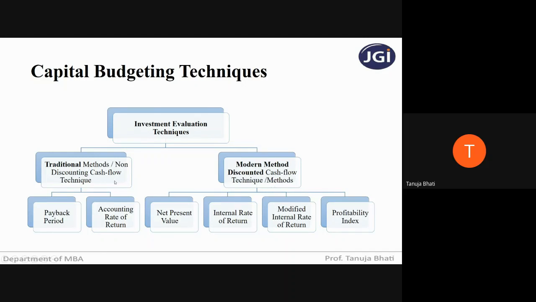Under the traditional method, you have the payback period and the accounting rate of return. In the modern method, you have net present value, internal rate of return, modified internal rate of return, and profitability index. All these are techniques which help a business firm select particular investments based on inflows and outflows.